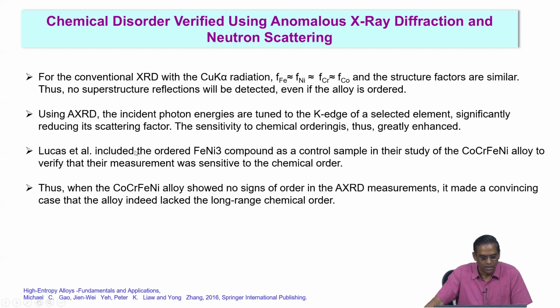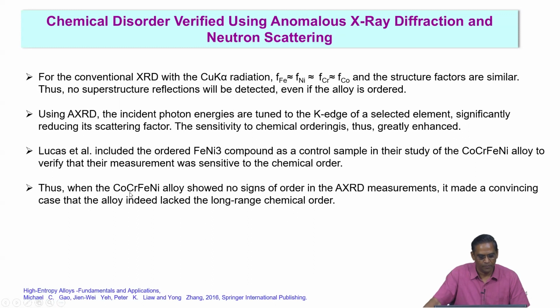Ccas et al. introduced the ordered iron nickel compound FeNi3 as a control sample in their study of the cobalt, chromium, iron, nickel alloy to verify that their measurement was sensitive to the chemical order. So, it is a kind of reference sample to check what kind of order exists in this cobalt, chromium, iron, nickel alloy.